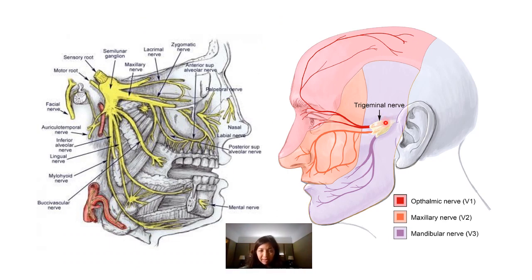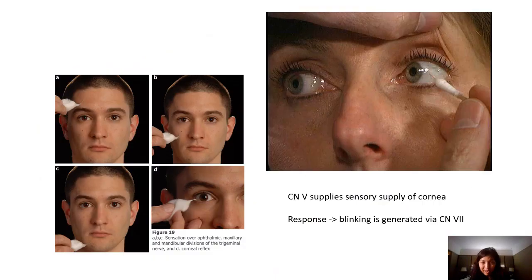You actually have three branches of the trigeminal nerve: the ophthalmic, the maxillary, and the mandibular, otherwise known as V1, V2, and V3. You will learn this more detailed structure and anatomy. I just wanted you to kind of see where all those nerves are coming from. And what you can see is that because there are three branches providing sensory innervation to the face, when you clinically evaluate sensory lesions of the face, you need to touch over all three regions.